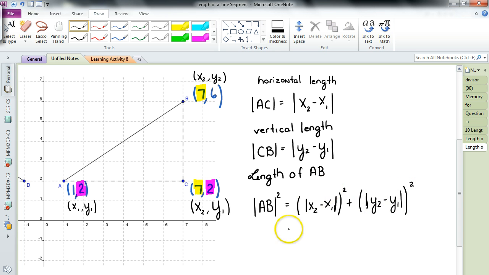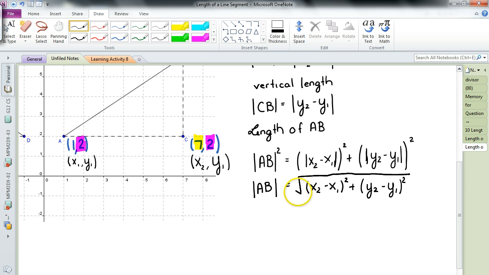And typically what we'll do now is, first, we're going to take the square root of this side, and since I know any number squared is positive, I just write x2 minus x1 squared plus y2 minus y1 squared.